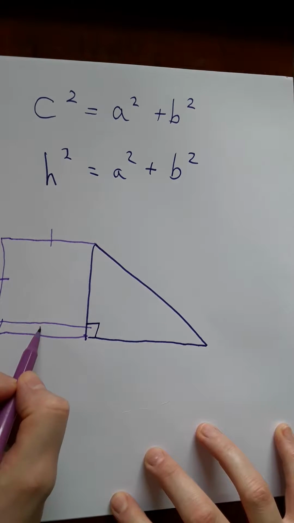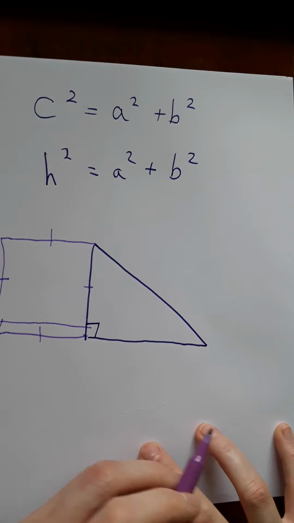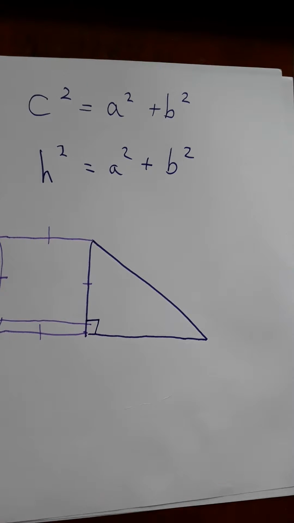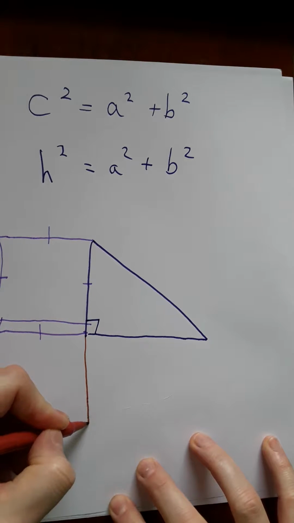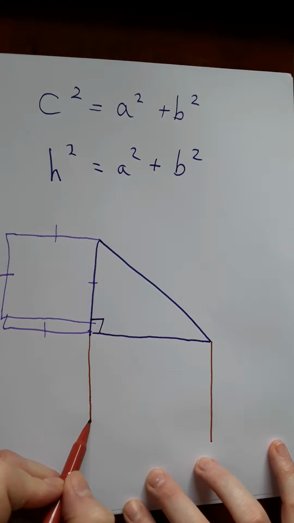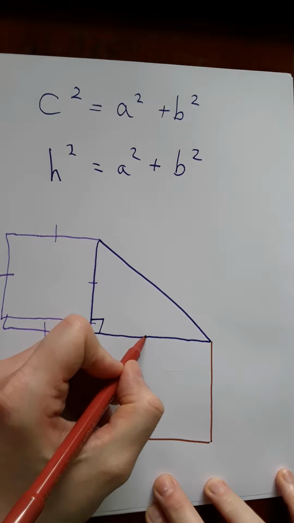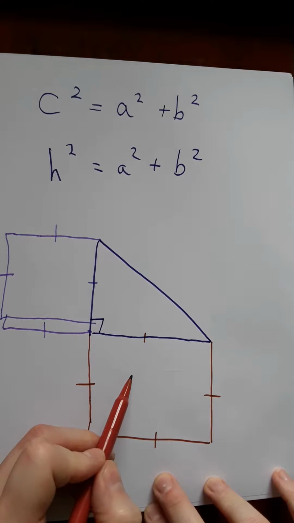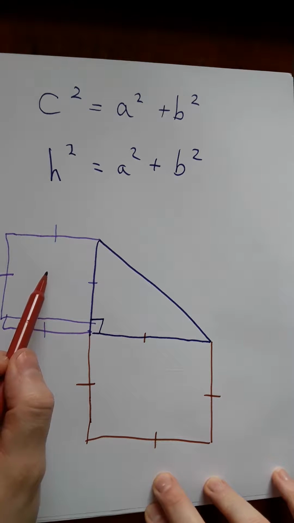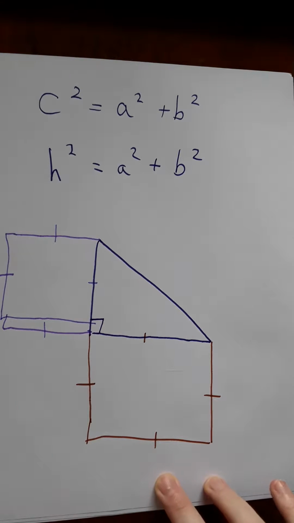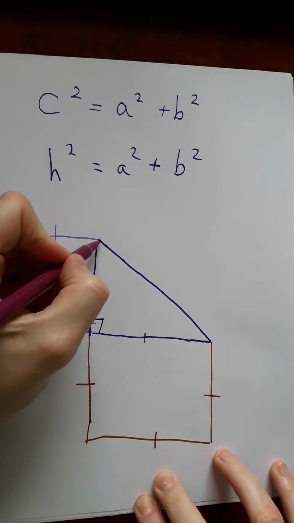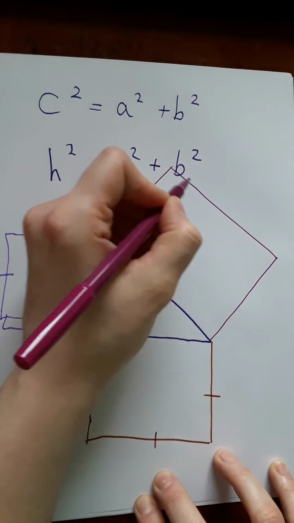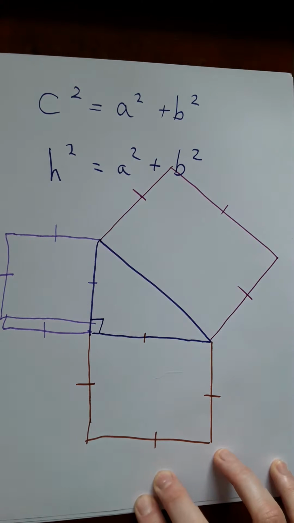of this length, so this side and this side are all the same length, and if you then create another square, with the side length of the other side, that this area and this area will add up to make the square of this area.